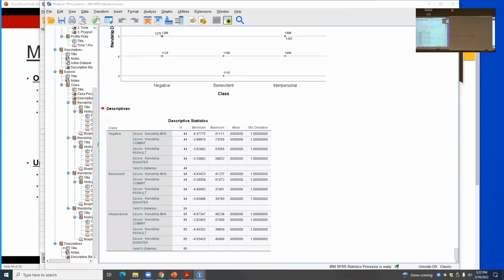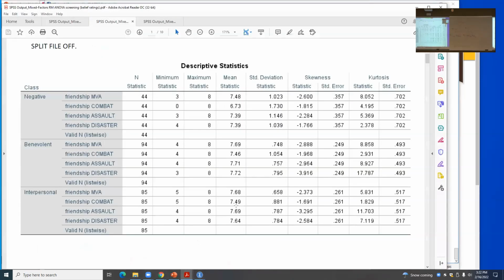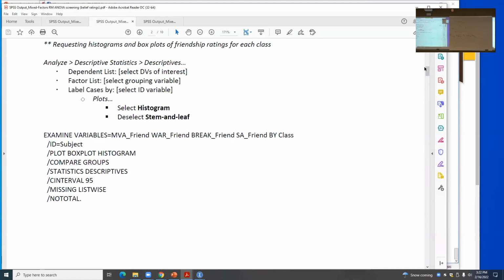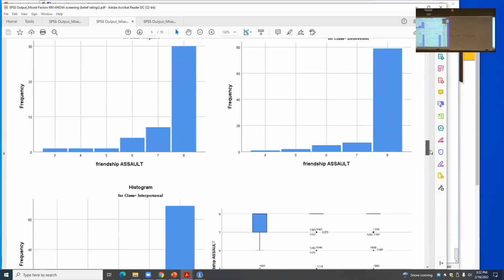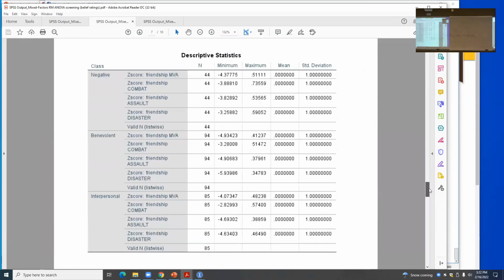and get my table here. Okay. Erica, what am I seeing in terms of z-scores in this output?